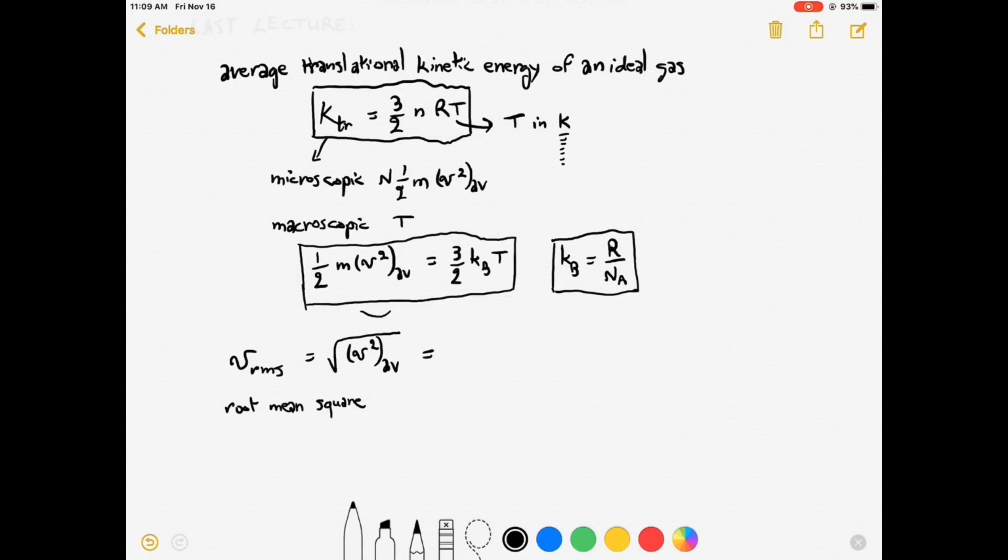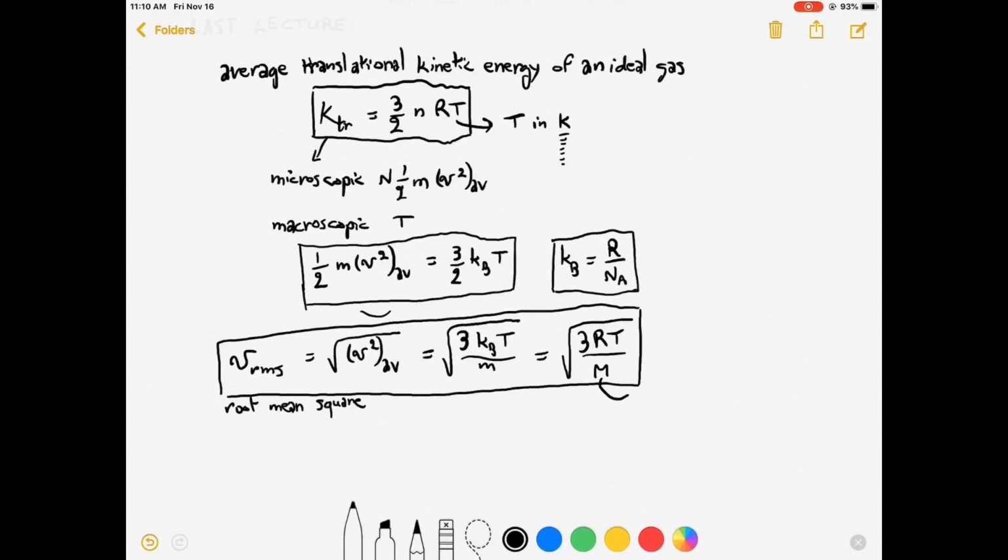We can write this using the formula square root of 3 kBT over m. If you multiply the top and bottom by the Avogadro number, you can also write this as the square root of 3RT over the molar mass. So this is the RMS speed, and m here is the molar mass of the molecule.